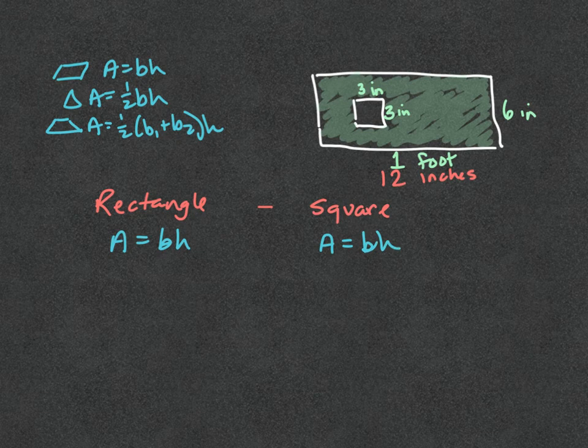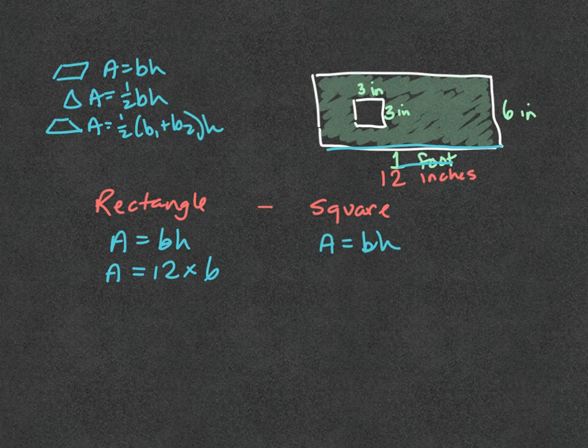I'm going to fill in the dimensions. I know I have a length of, be careful, that's not 1 foot. We canceled that out. We're going to use 12 inches times the height, which is 6. That'll give us the area of the whole thing, including that.